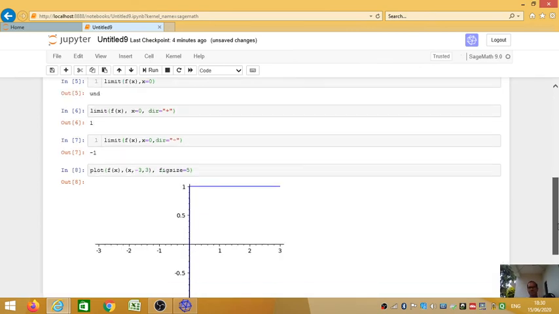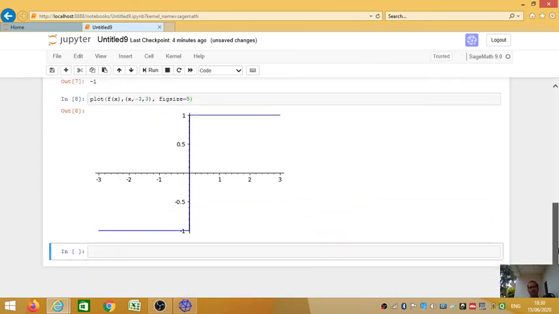So the graph of this function is like this. Okay. At x equal to 0, when x tends to 0, the value of the function is 1 and -1. So at point x equal to 0, the value of the function is either 1 or -1. We cannot say definitely the value of this function is exactly 1. Okay, that's why the limit of this function does not exist.